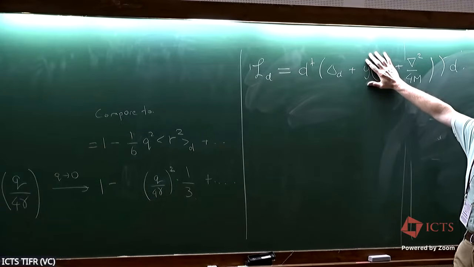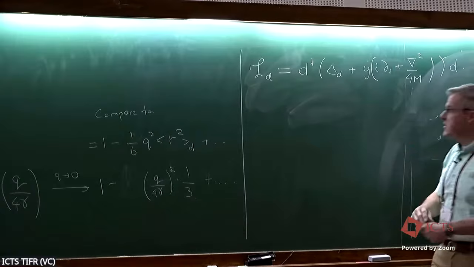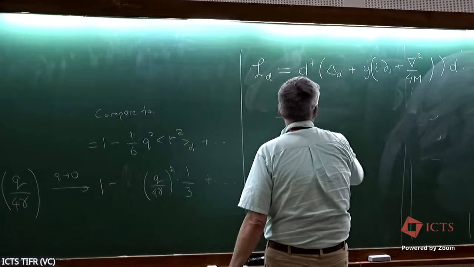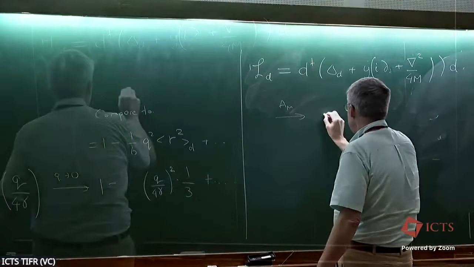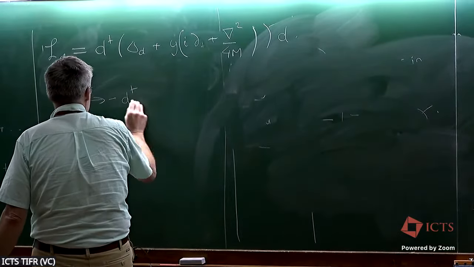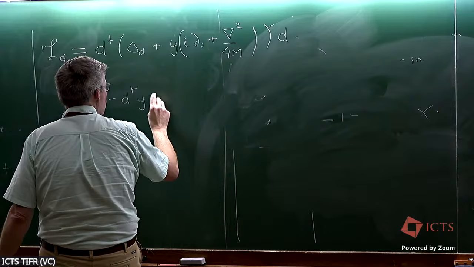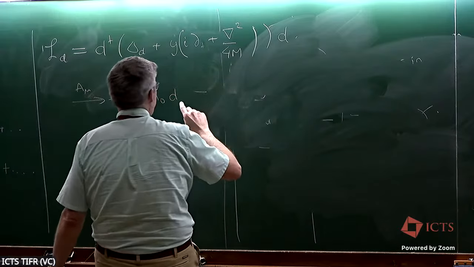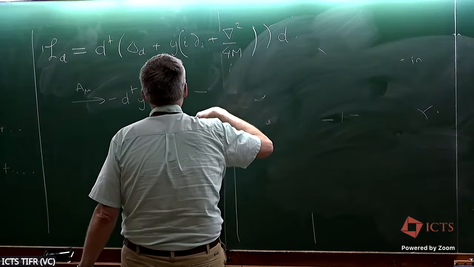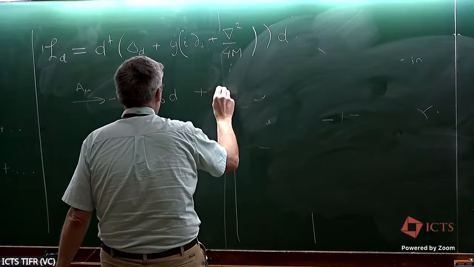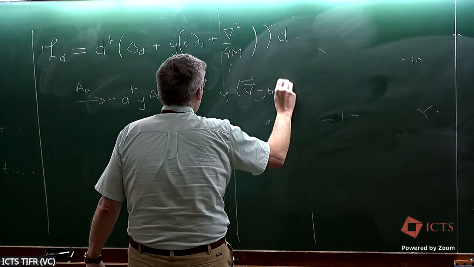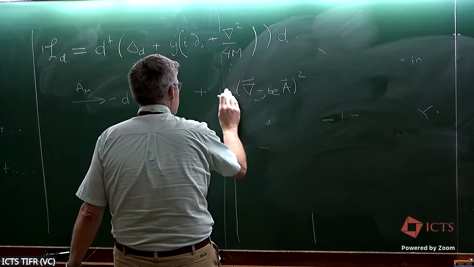But if the dimer is dynamical, we do. So here we generate new vertices. So there's going to be a minus d dagger y a0 d. And then if we were working with the photons associated with a vector, then we would also have plus y nabla minus I e a squared.